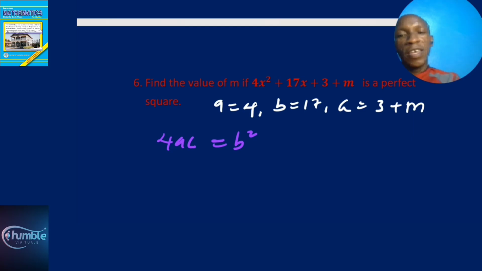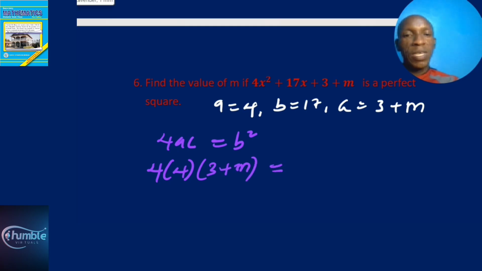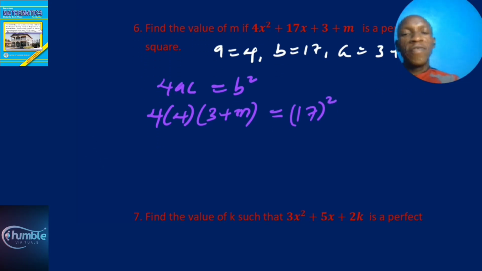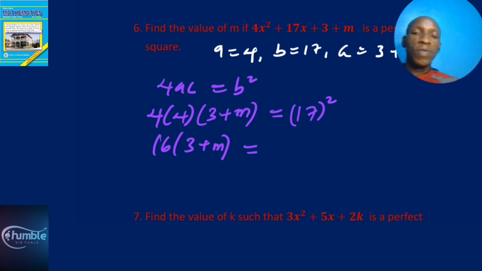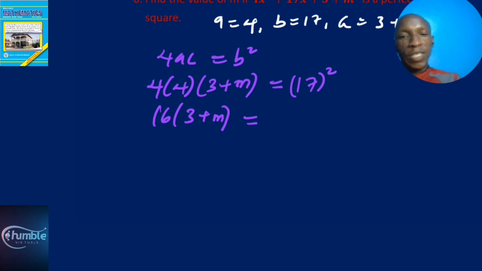Substitute what you have. It is going to be 4 by A, which is 4, by C, and C is 3 plus m, is equal to B, and B is 17 squared. 4 by 4 is 16 into 3 plus m should be equal to, let us work the value of 17 squared. 17 squared is equivalent to 289. So this one is going to be equal to 289.